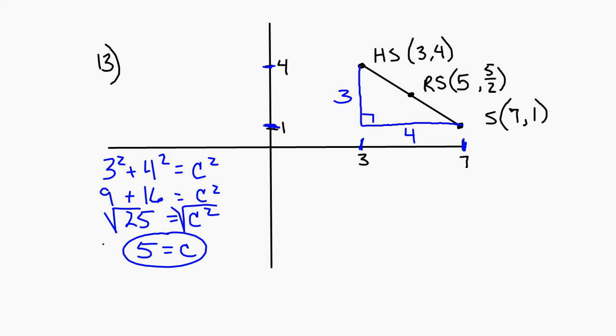Now, be careful because it says 1 unit equals 8.7 miles. How many units do you have? You got 5 units. Each unit's 8.7 miles. So take 5 times 8.7 in your calculator, please. 5 times 8.7. 43.5 miles.